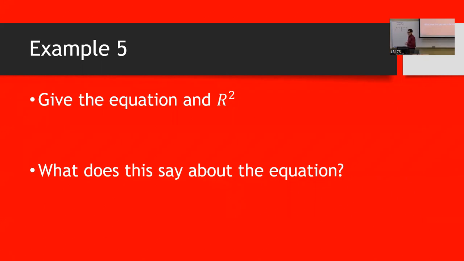It says the equation does not fit the data well. So the model does not fit the data well, and it's a bad fit. It also states that if you're trying to do predictions, they're not going to be worth anything, essentially. Is that all right?